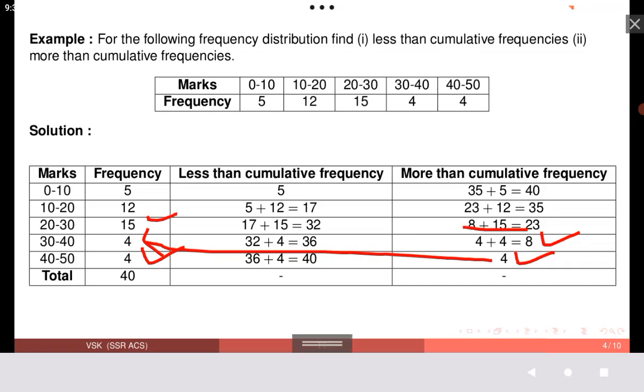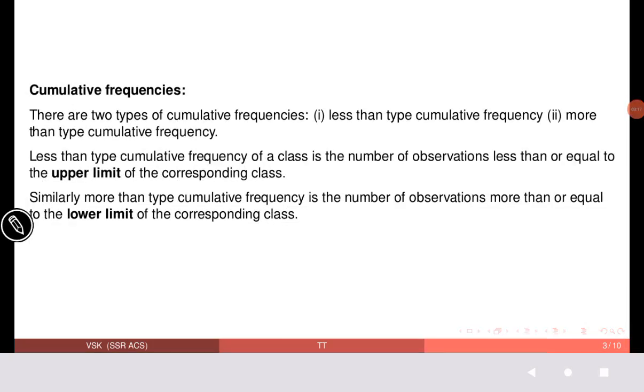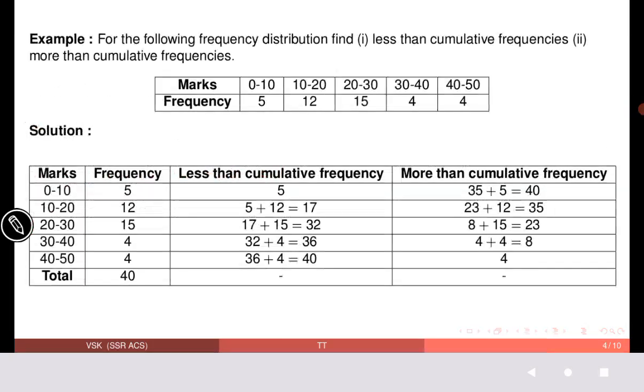Next, 23 will be added to 12, so 23 plus 12 is 35. And this 35 will be added to 5, so it becomes 40. Like this, you can find less than and more than cumulative frequency.